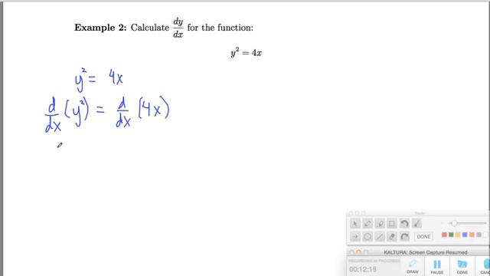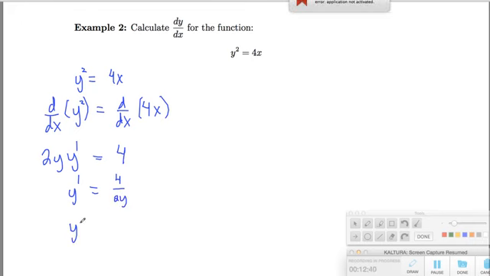Well, the derivative with respect to x of y squared is 2y, and then remember you've got the chain rule part. Derivative with respect to x of 4x is just 4. Since there's no y in that, we don't have to worry about a chain rule. Which means that y prime equals 4 over 2y, which really means that y prime is 2 over y.